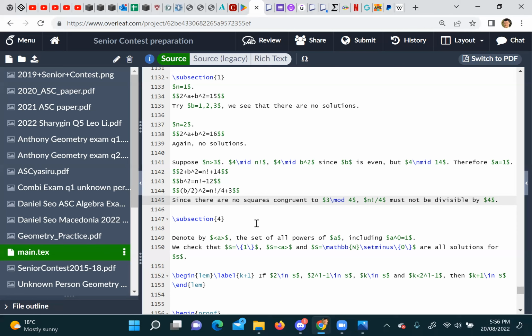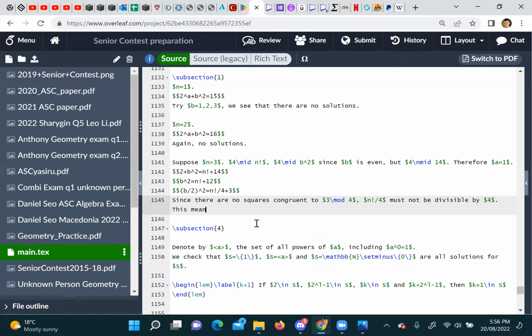Because 6 factorial is divisible by 4 even after you divide it by 4, because it's got the 2 from the 6 and 2 from the 2, right? So this means that n must be less than or equal to 5, yeah? You see that?